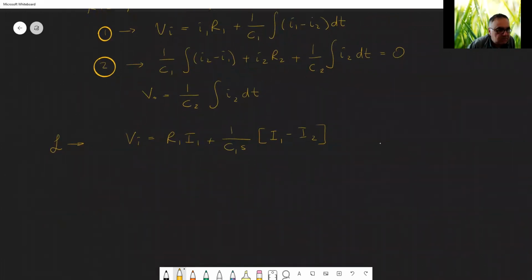The second equation is equal to 0. Now, the output VO is 1 over C2S times I2.